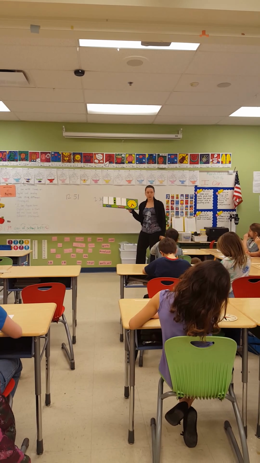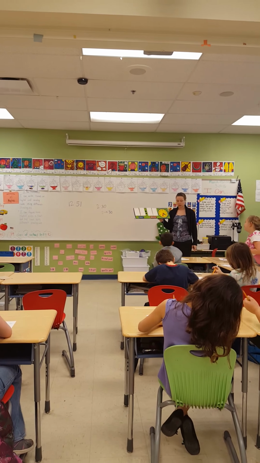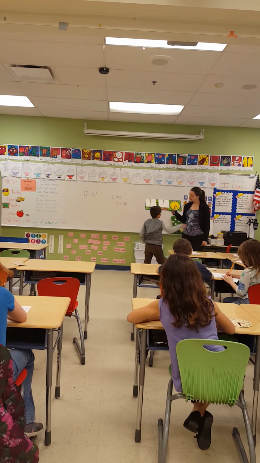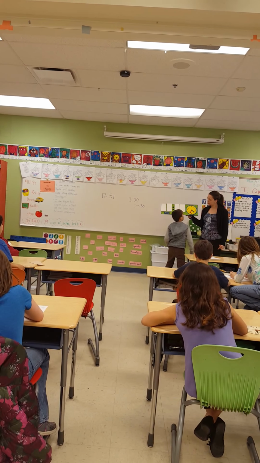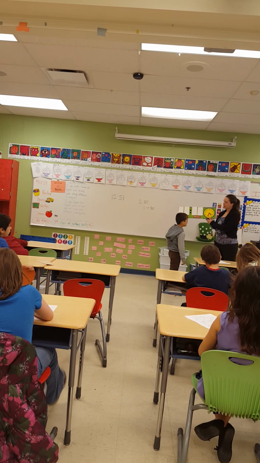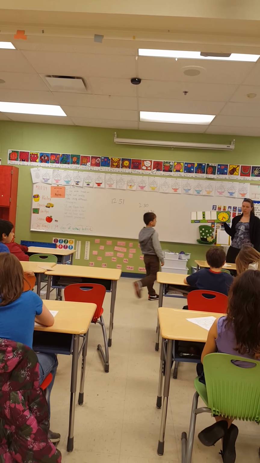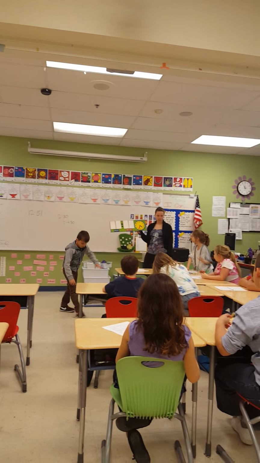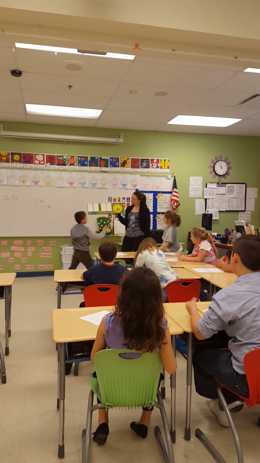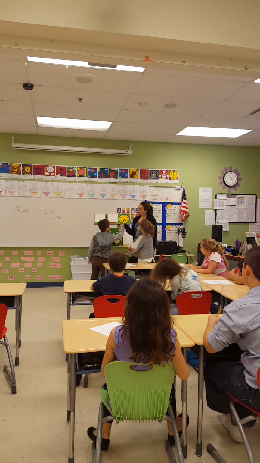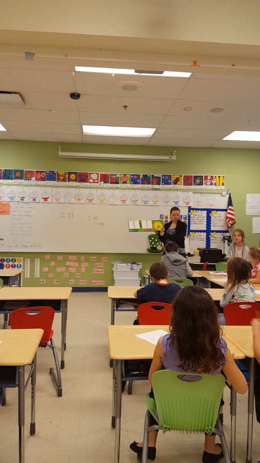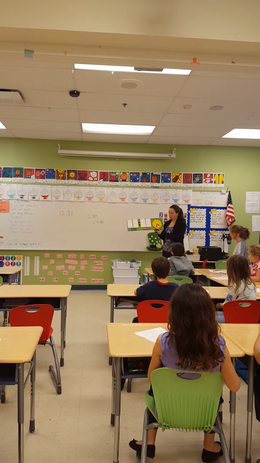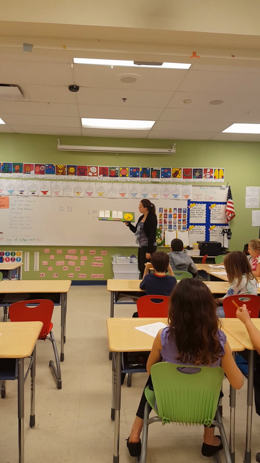The big hand was on what? Okay, but it doesn't say 3. Yeah, but we saw the little lines and then 1, 2, 3. Oh, you counted. Okay, so you're telling me that you know that 6 is 30, and then you counted 1, 2, 3, right? Yeah. Okay.